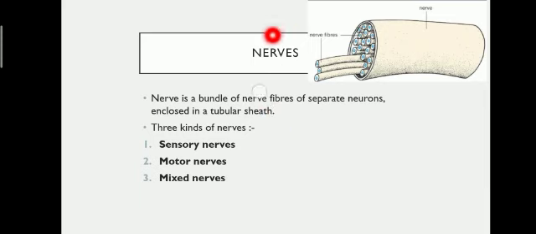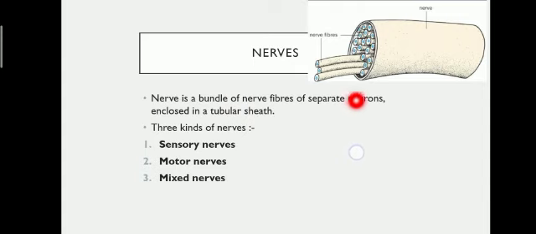Now let's talk about nerves. What are nerves? A nerve is a bundle of nerve fibers of separate neurons enclosed in a tubular sheath. We can compare these nerves to a wire which is enclosed in a plastic or rubber sheath.